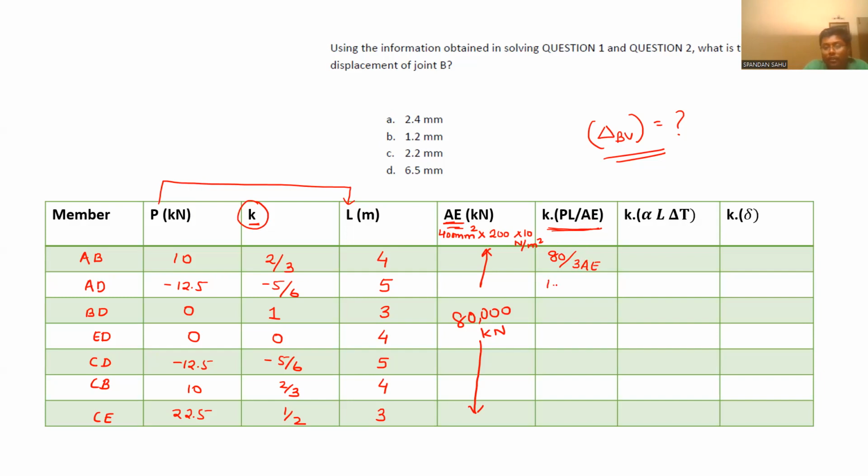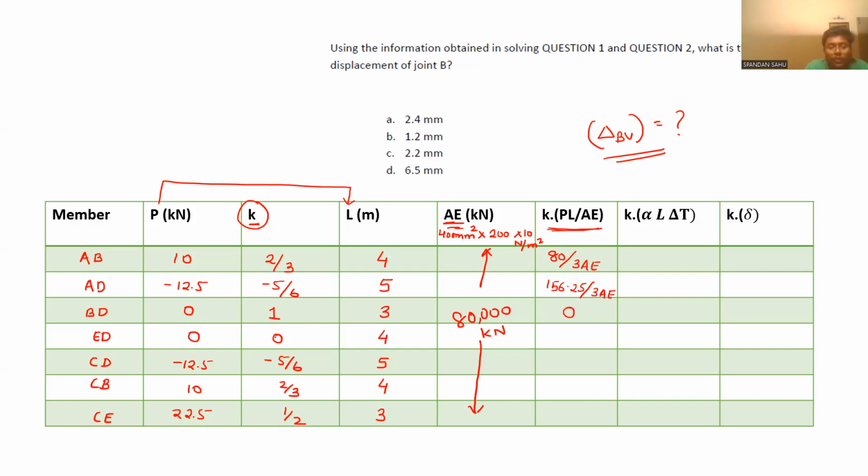After we are done for every other part, we will substitute the value of AE. This will be 0. Now see, P is 0 means 0 multiplied by anything will give us 0.